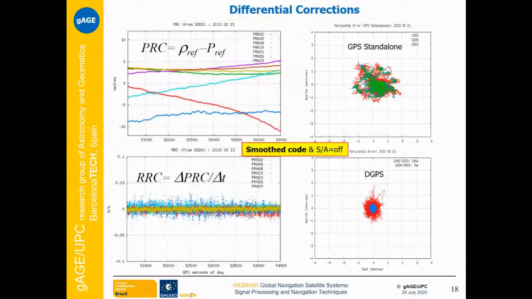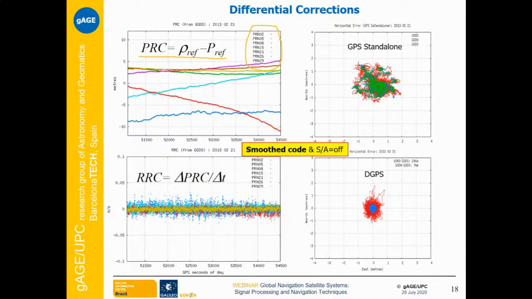And this is how the information that is being broadcast to the user looks like. We have the PRC, the pseudo-range correction. Remember that it is the difference between the geometric range that we compute from the reference station and the pseudo-range measurements. Here we have different satellites that are depicted with different colors.